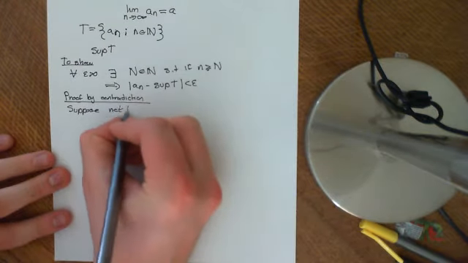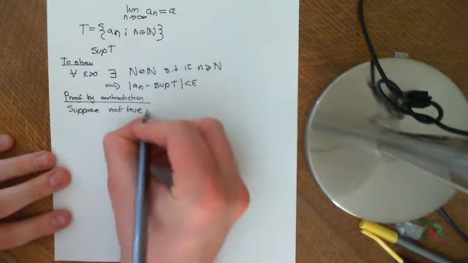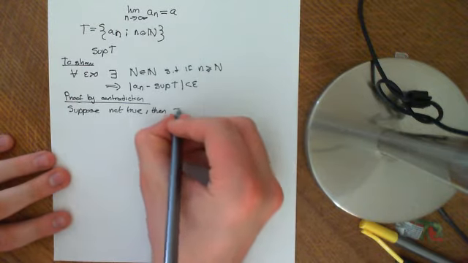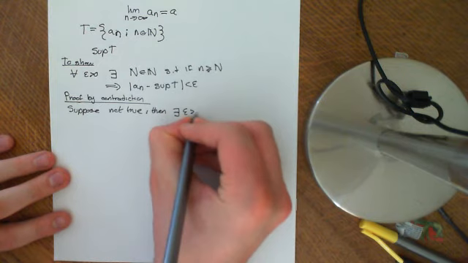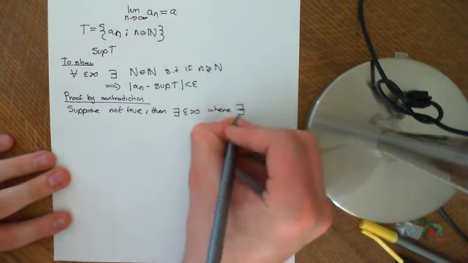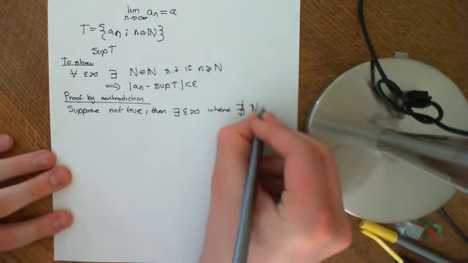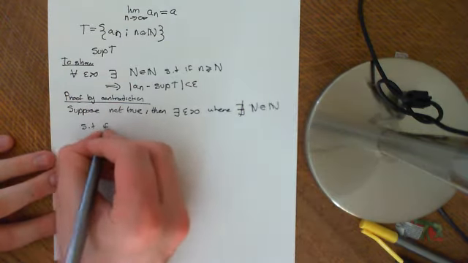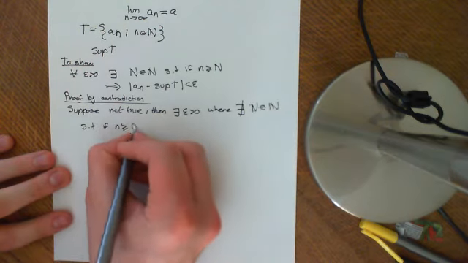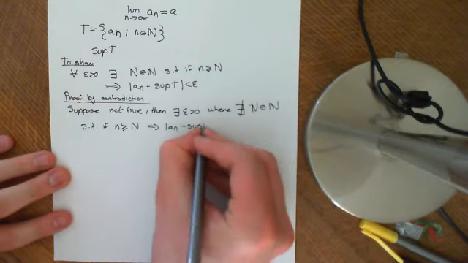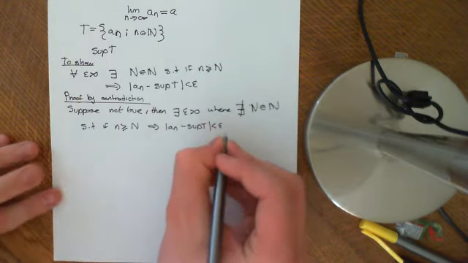Then there exists an epsilon greater than 0, where there does not exist a big N, an element of the natural numbers, such that if little n is greater than or equal to big N, it implies |a_n minus sup of T| is less than epsilon.